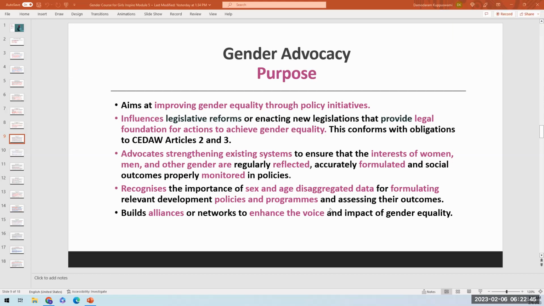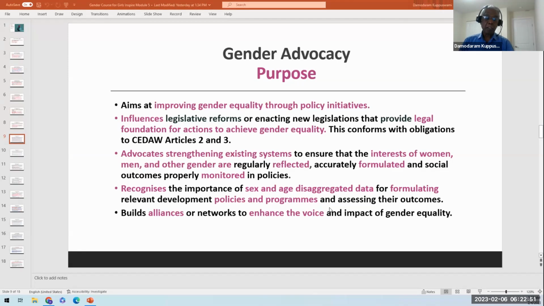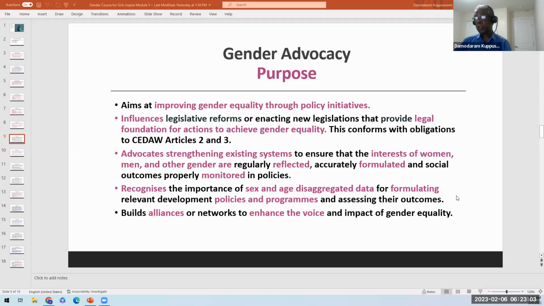Since it's not easy, one single voice may not be enough. There is a need for multiple voices, and not only vulnerable people, but other organizations concerned with vulnerable communities need to join. So these are significant things we need to keep in mind.